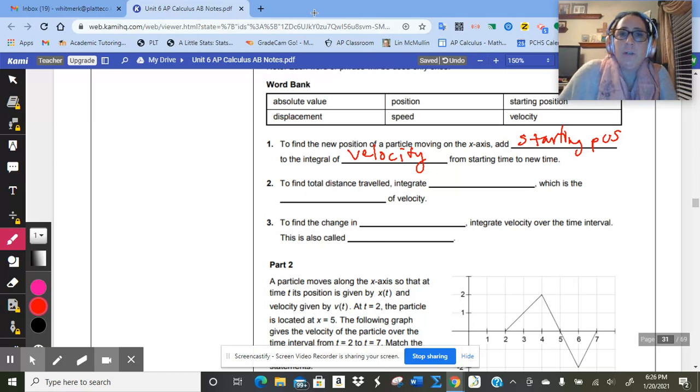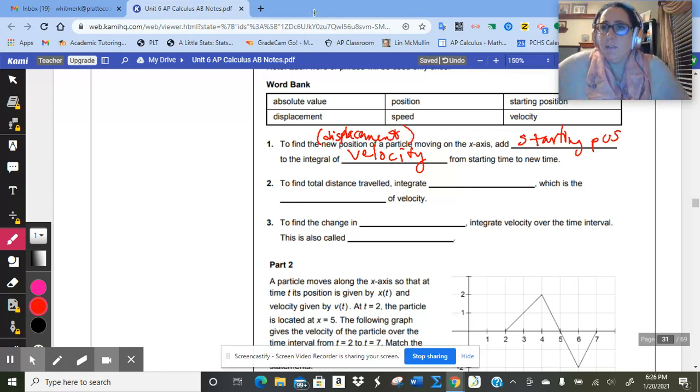Okay, so the new position, that's kind of like where am I going to land at? That's my displacement. So I don't need absolute values or anything like that. It's just where am I now?